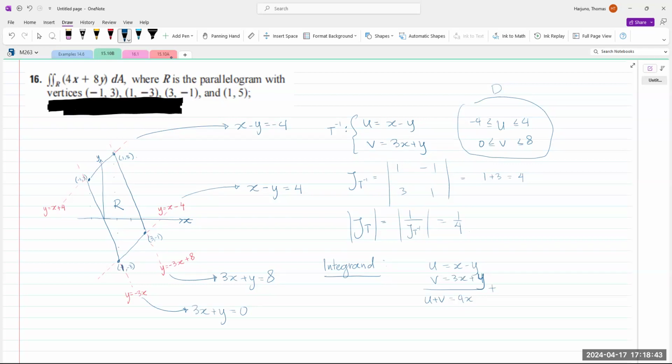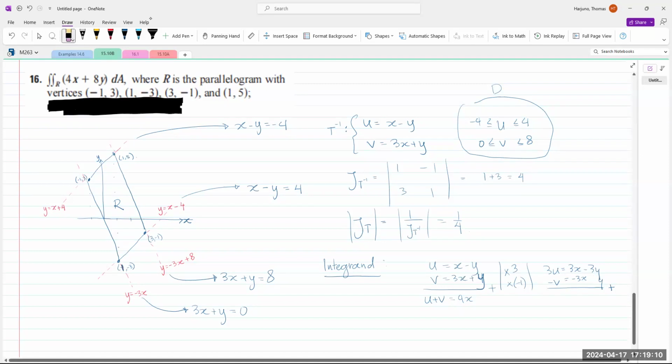If I multiply this by 3 and this by negative 1, I get 3u equals 3x minus 3y, and negative v equals negative 3x minus y, just negative y, my bad.